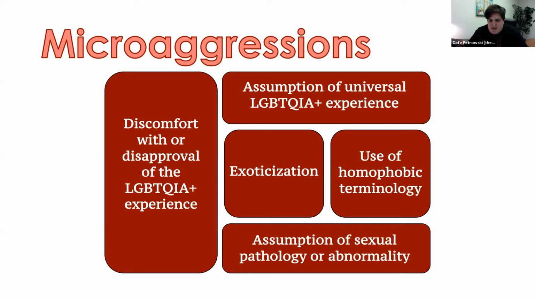It might be assuming that LGBTQ folks are promiscuous, sexually deviant, or predatory. For example, you might hear people expressing their discomfort with having a gay teacher, saying that they don't want a gay man working that closely with their kids. So that's just assuming some kind of sexual pathology or abnormality there.